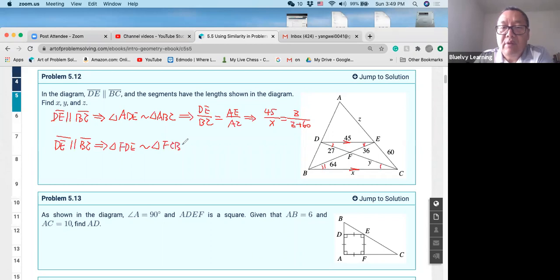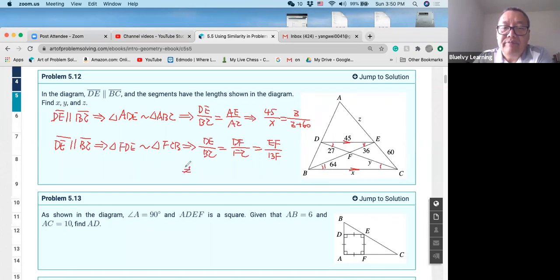So from this, we can get DE over BC equals DF over FC also equals EF over BF, EF over BF. Right?